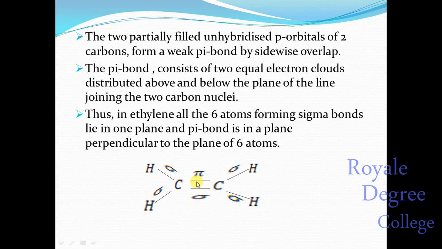So here in the case of ethene, how many sigma bonds are formed? 5 sigma bonds and 1 pi bond. Among the 5 sigma bonds, 4 sigma bonds are formed between carbon and hydrogen, and 1 sigma bond is formed between the two carbons. And 1 pi bond is formed between the 2 carbons.